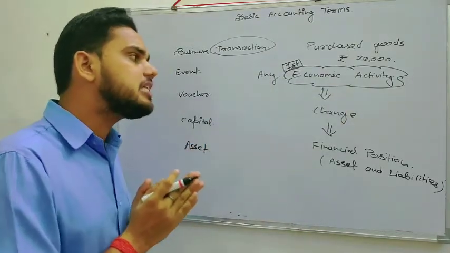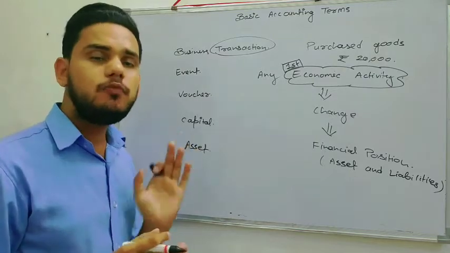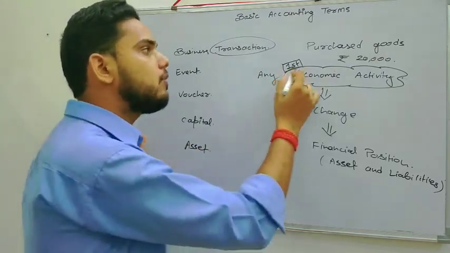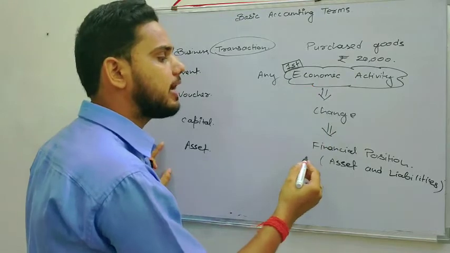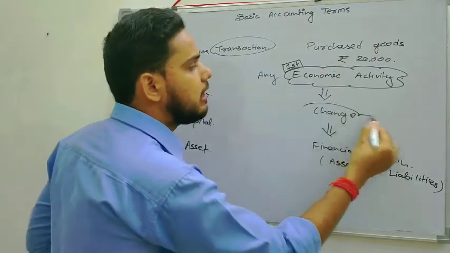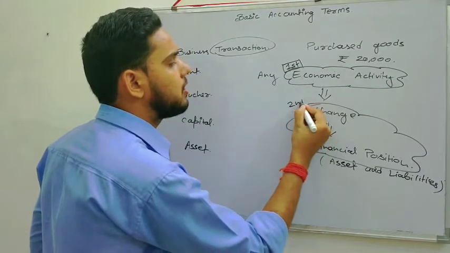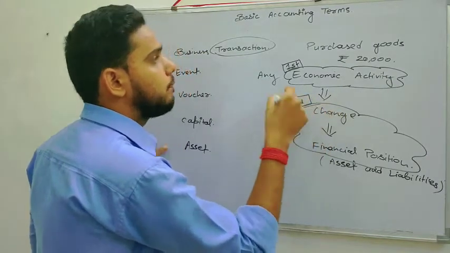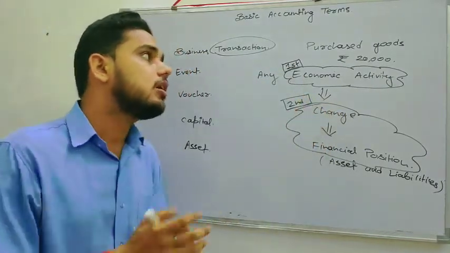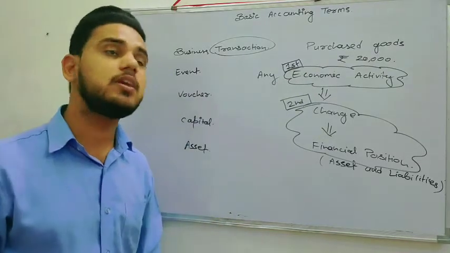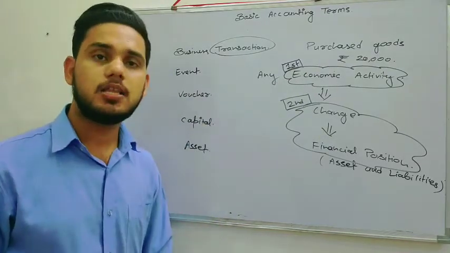So we can say that it is fulfilling both conditions: first, whether it is an economic activity or not, second, whether it is changing the financial position or not. Because this follows both conditions, we can say that it is a transaction.